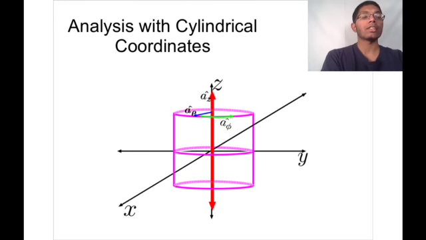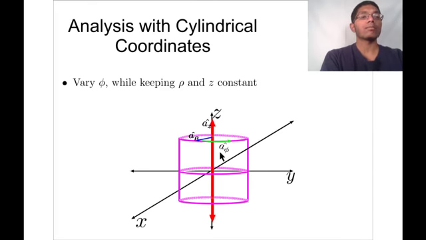I've just redrawn this line image over here to show you, just to reinforce what that looks like with the symmetry. How I'm going to use this to analyze the system is that I will vary one of the components in cylindrical coordinates, so I might vary phi and keep the other two constant, so I'd keep rho and z constant, and see how the electric field behaves as a result.